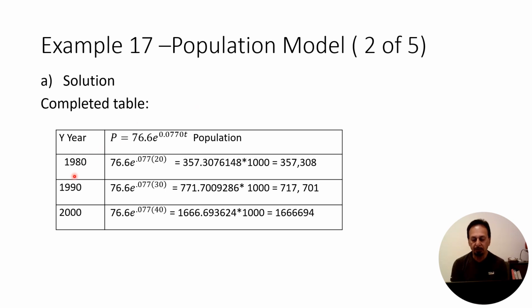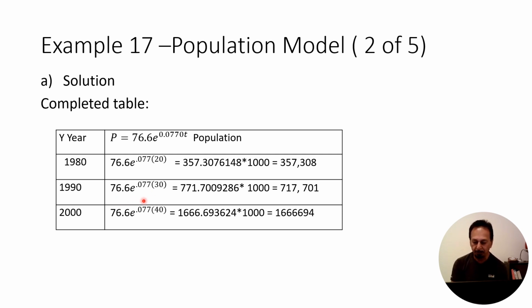So we're going to find what t is when the year is 1980. It looks like from 1960 to 1980, t is 20. So we're going to put 20 here and put it on the calculator, rounding to nearest whole number. We're going to get 357,308. And in 1990, from 1960 to 1990, t becomes 30. So we write 76.6 times e to the 0.077 times 30.